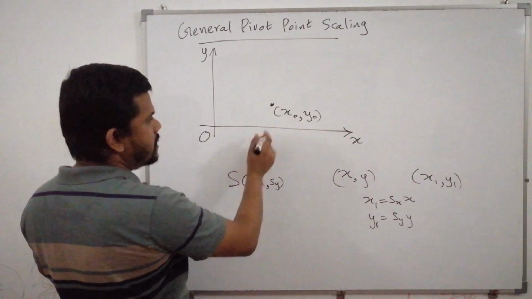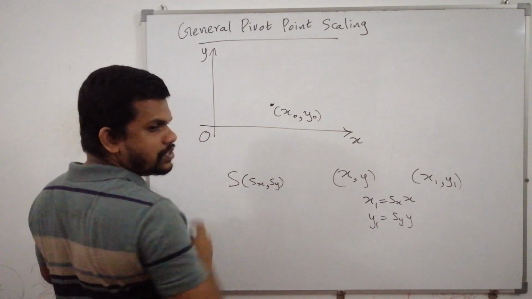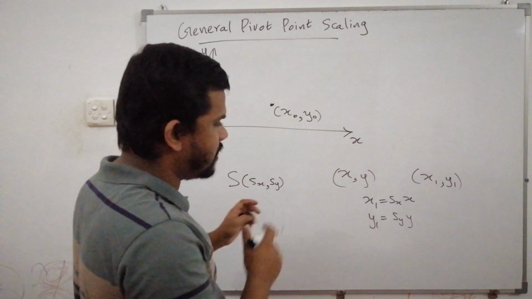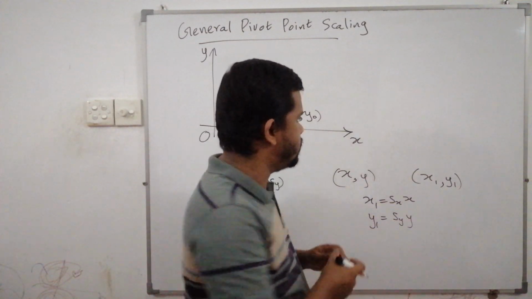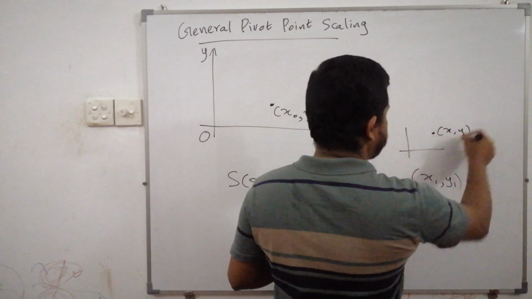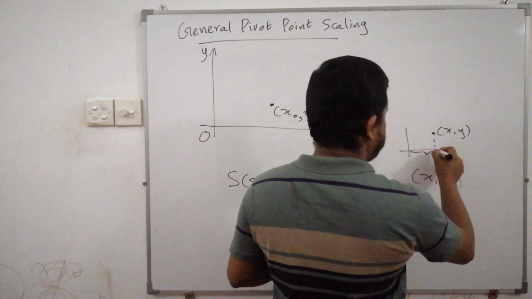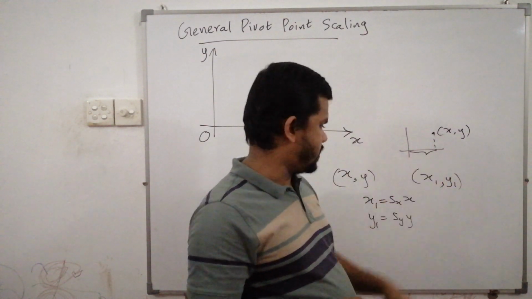If you consider a particular point along the x-axis, the distance to the origin is x. Okay, that's what I mean here.